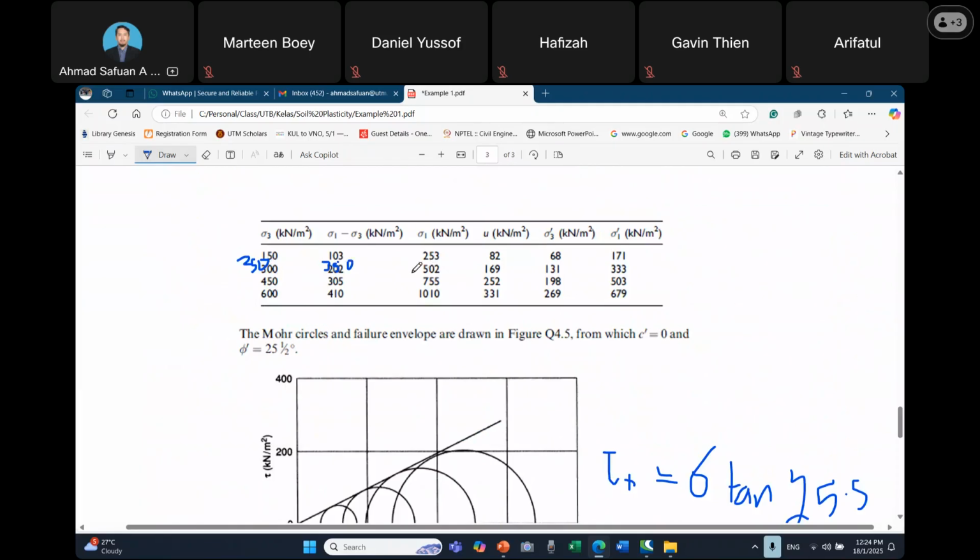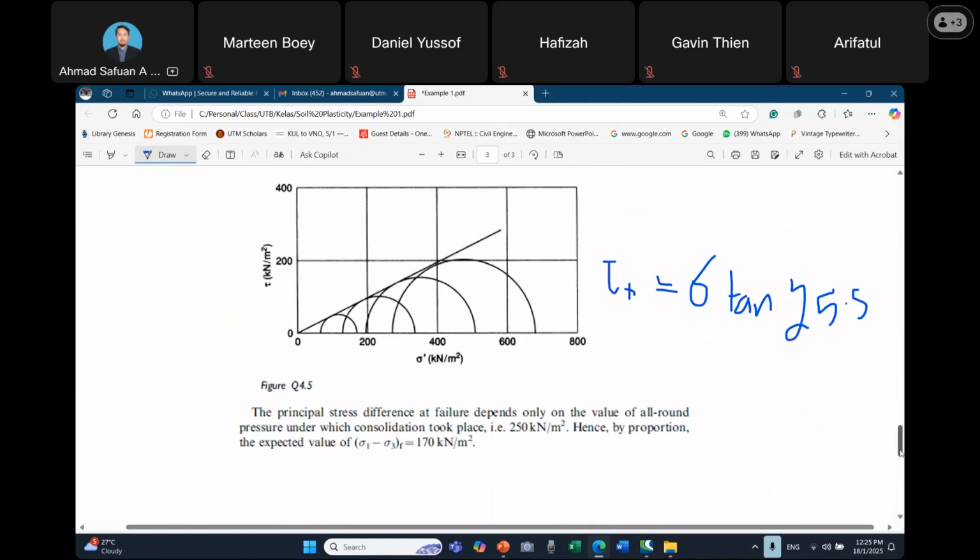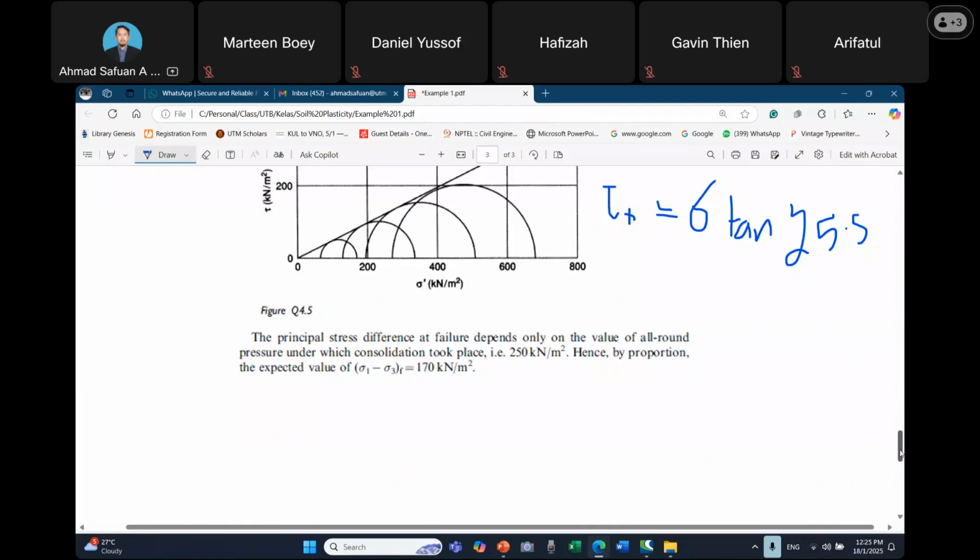So this will be 600. For example, this is 250 here. Then approximately the tau is 100.